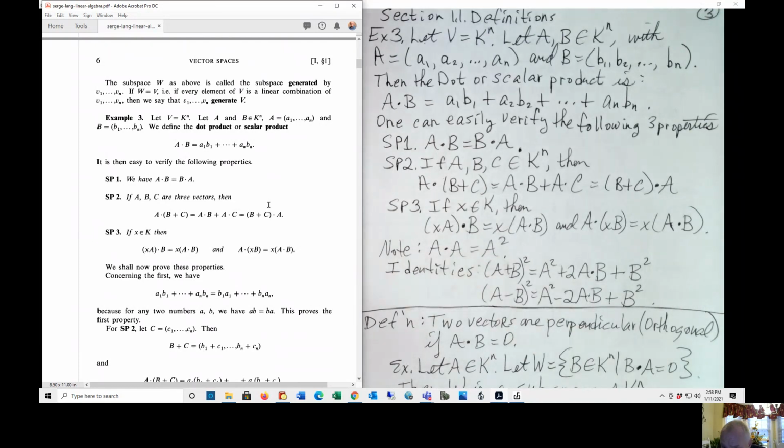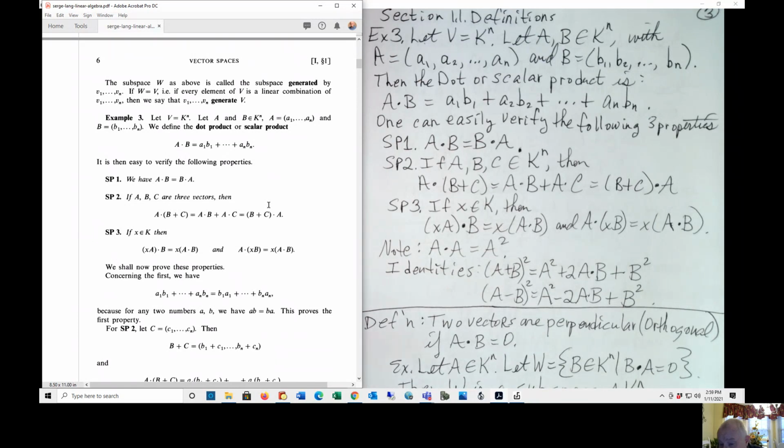One can easily verify that these three properties, SP1, SP2, SP3, hold true for what is called the usual dot product for Kn. First, it is commutative.